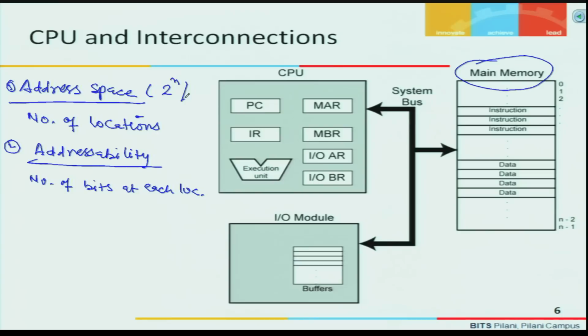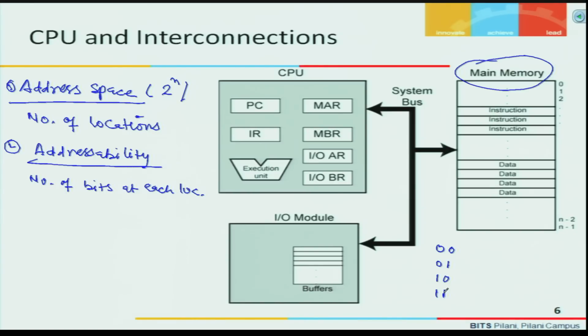How many bits do I require to identify each location uniquely? The first location I can represent with 00, the second with 01, the third with 10, and the fourth with 11. So to identify 4 locations uniquely, I require 2 bits, a 2-bit address for each location.